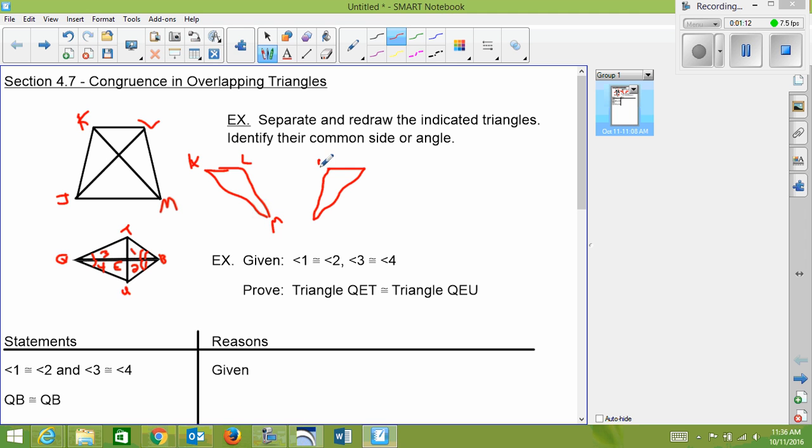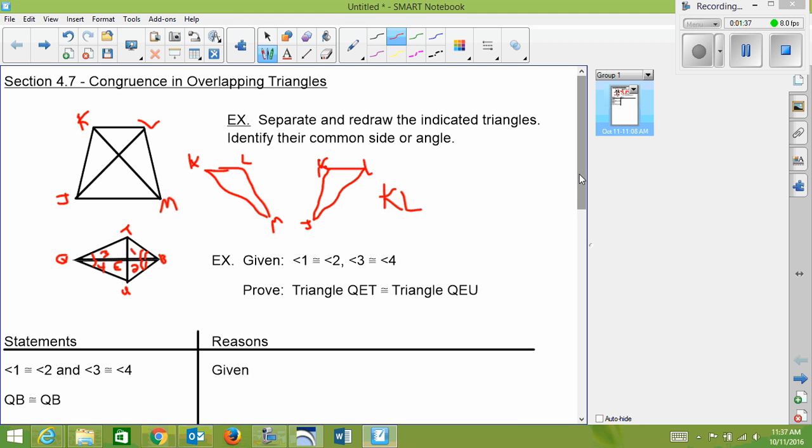And so this one would be K, L, J. It says identify their common side or angle. So K, L would be their common side, the side that they share. They both share this side right here.